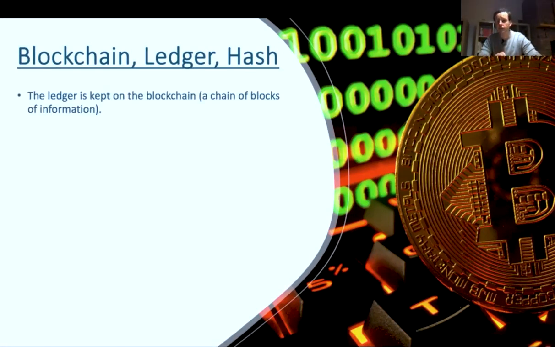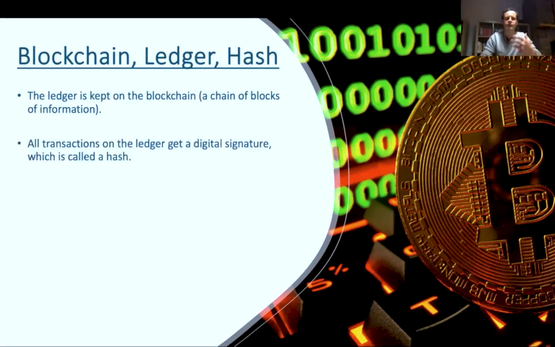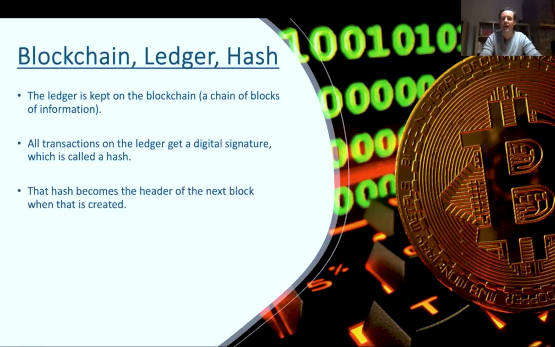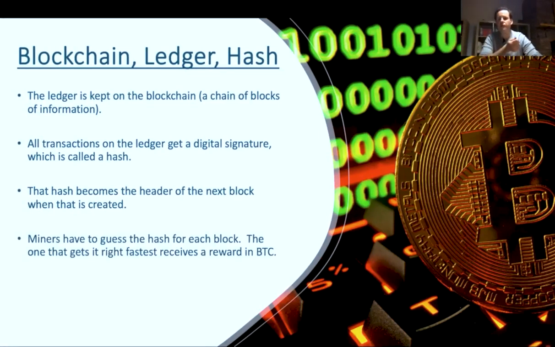So the ledger is kept on something called the blockchain, and the blockchain is a chain of blocks of information. Basically, all of the transactions on that ledger get a digital signature, which is called a hash. And that hash becomes the header of the next block when that is created. Miners have to guess the hash on each page using powerful computers, not your laptop or your phone at home.